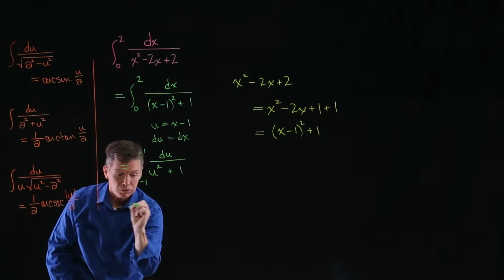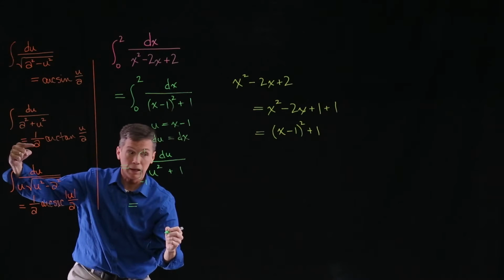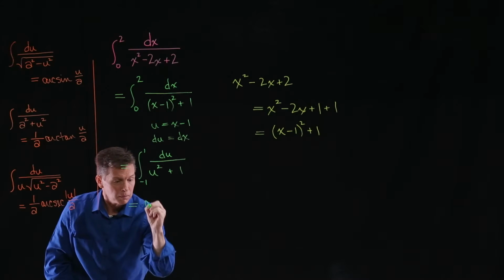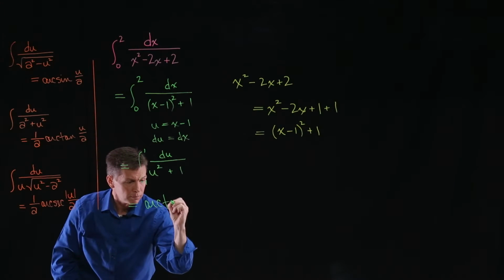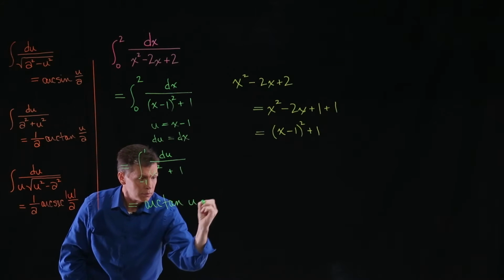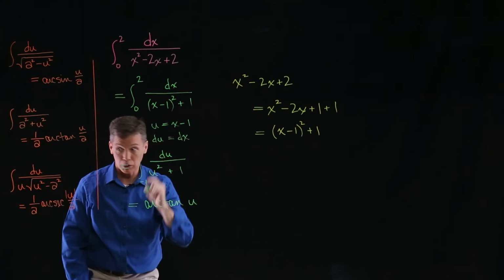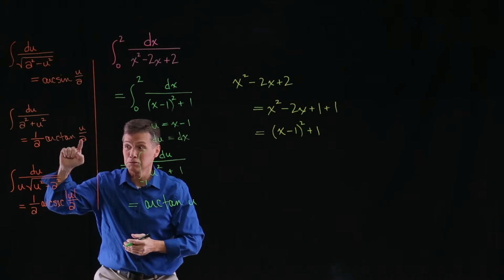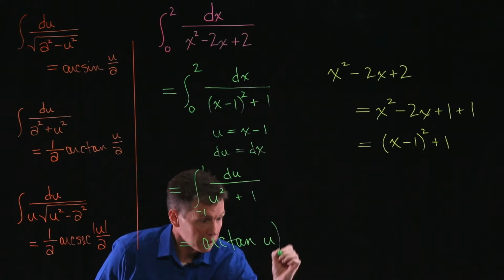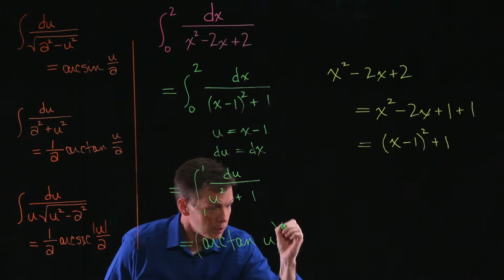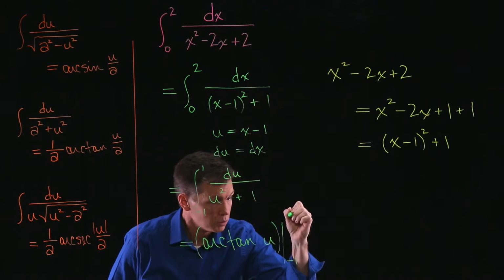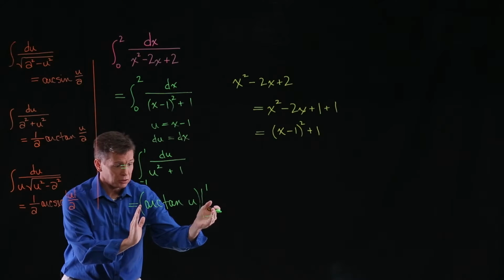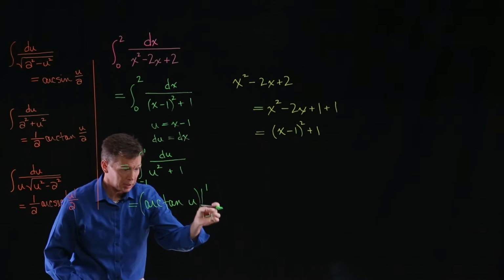So I know that my answer here is 1 over a, but a was 1, arctan of u over a, but again a was 1 for us, and we're going from minus 1 to 1. Okay, so we just need to evaluate this arctan of u from minus 1 to 1.